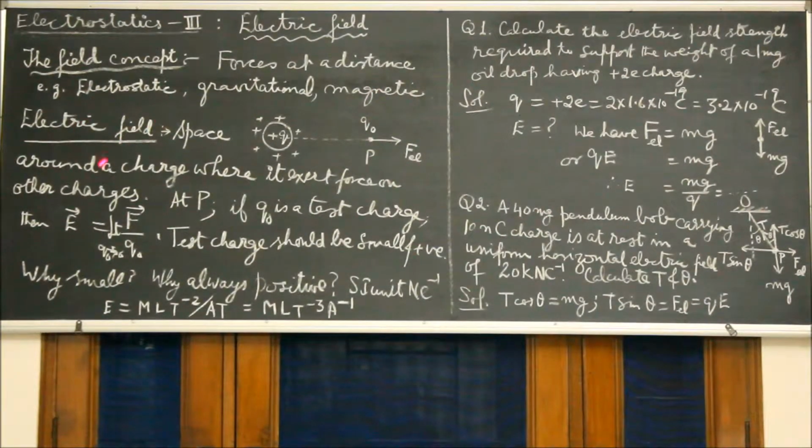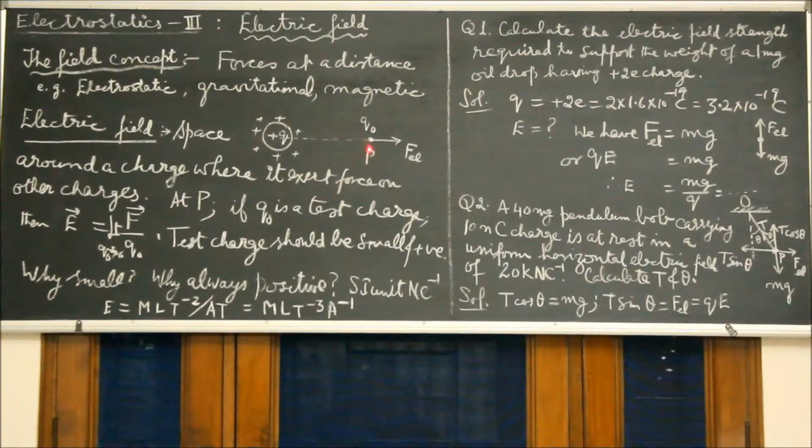The electric field is defined as the space surrounding a charge. This is the source charge which produces the field. Space around a charge in which it influences other charges. For example, if you keep a test charge here at point P, it will experience a repulsive force due to this source charge.